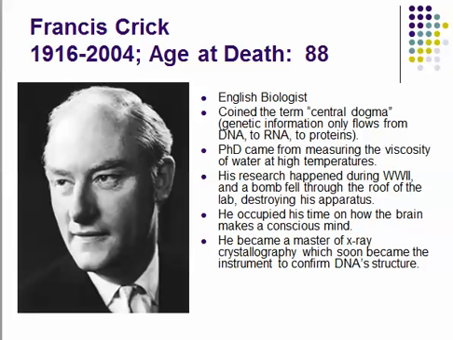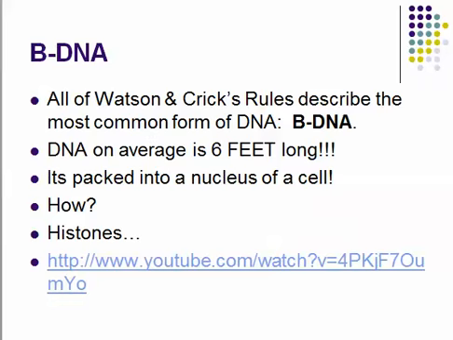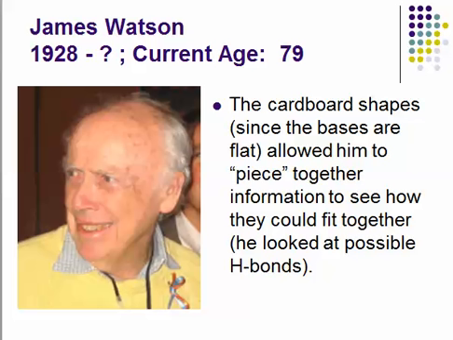So basically what happened is that they had these ideas, they had these insinuations of what these things looked like, and they needed proof. They knew that an X-ray crystallographer could go in and give them the proof that they needed. But neither one of them were experts on X-ray crystallography. So they turned to experts in the field, and the expert was a woman, Rosalind Franklin.